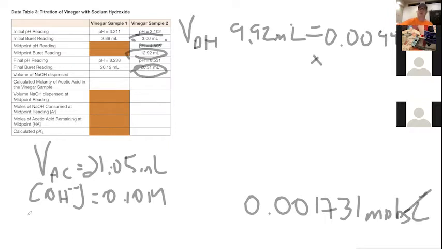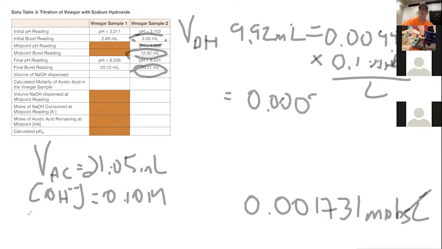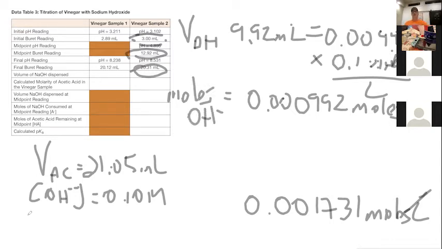Well, if I multiply that by 0.1 moles per liter, the moles of hydroxide at the midway point is 0.000992 moles. That is the moles of OH minus. It also happens to be the number of moles of acetate, or A minus. Why is that?